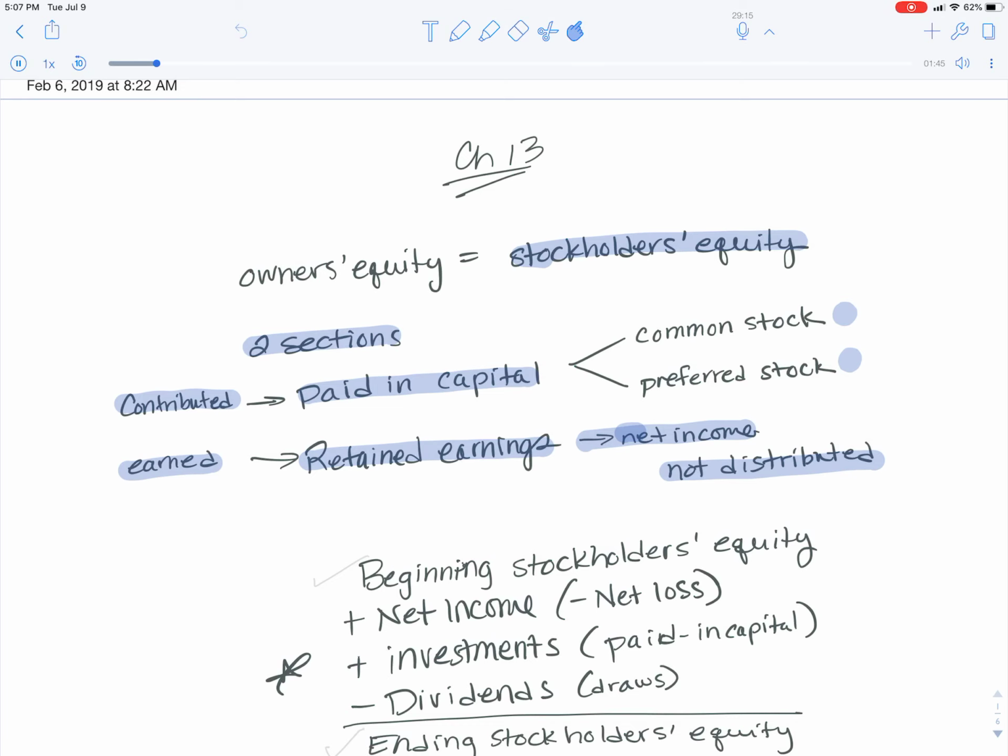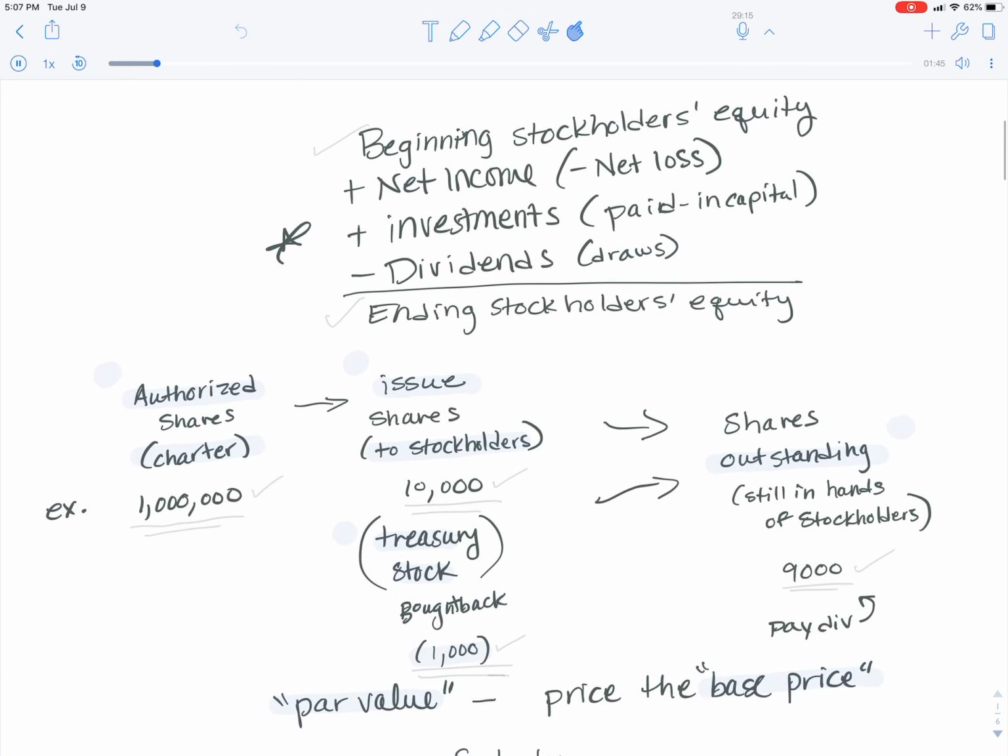So here's a little reminder about the owner's equity calculation. We start with beginning owner's equity, which for a corporation we're going to call stockholders equity. So we start with beginning stockholders equity just like before.